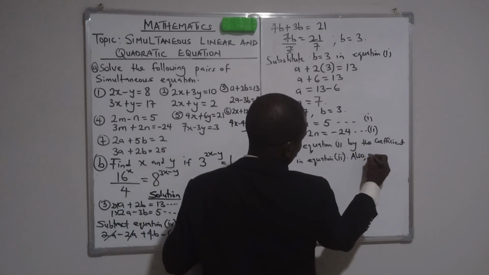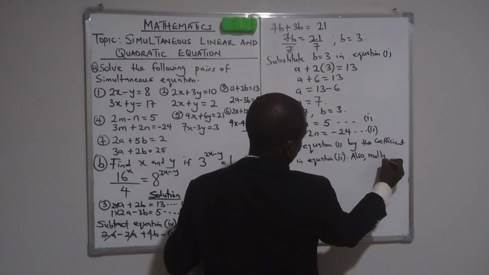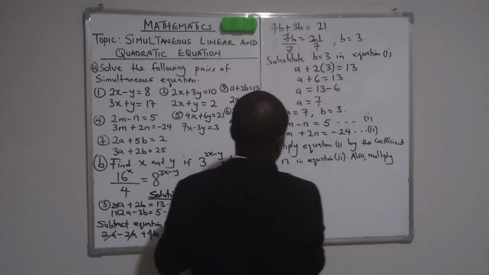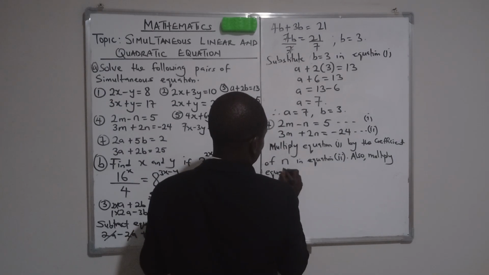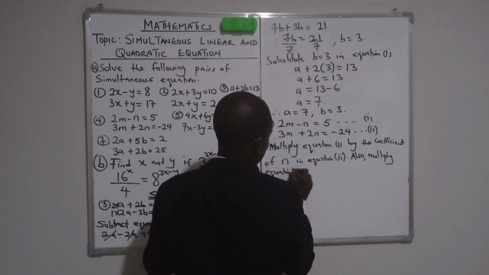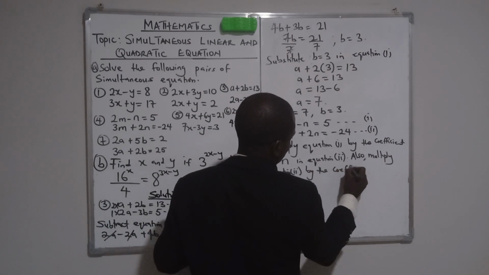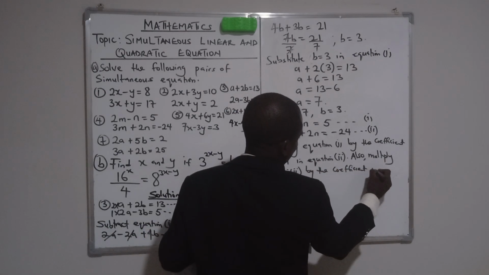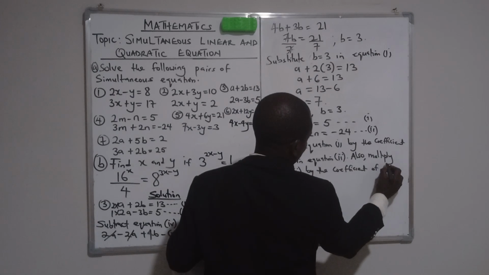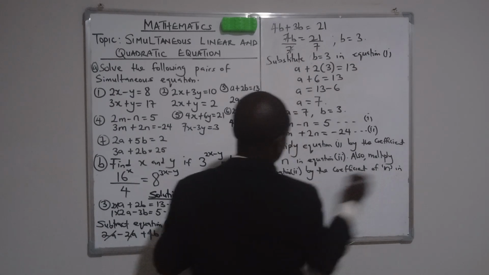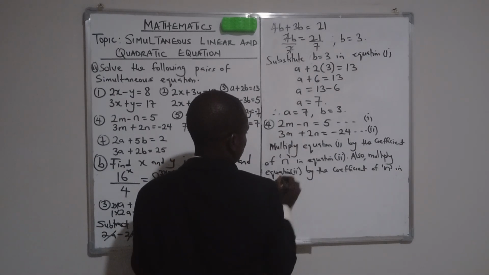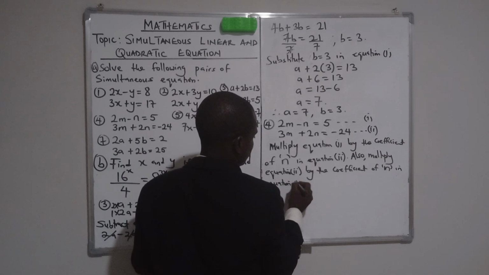Also multiply equation 2 by the coefficient of n in equation 1.